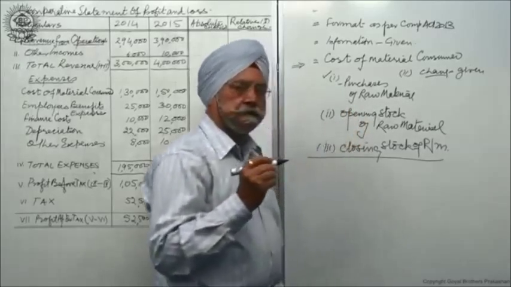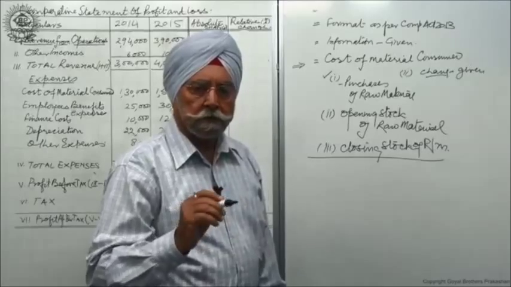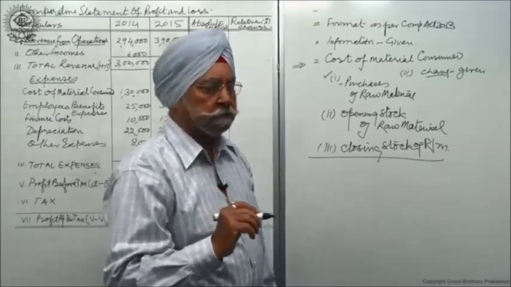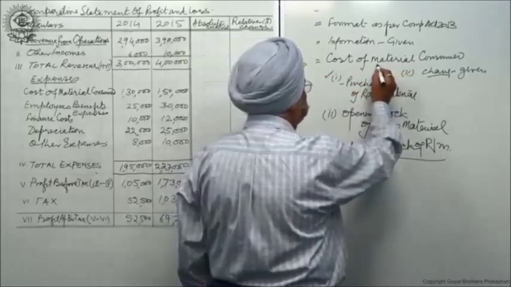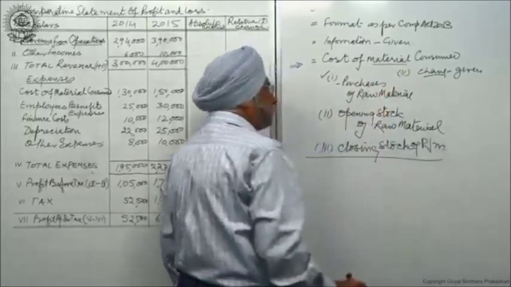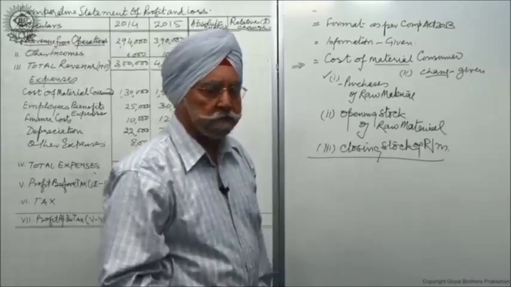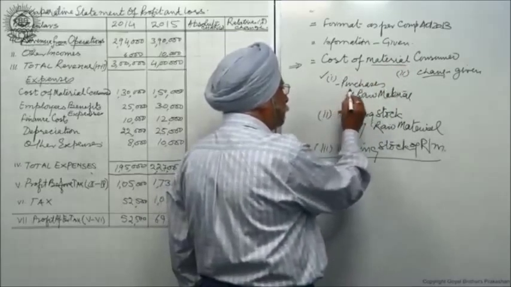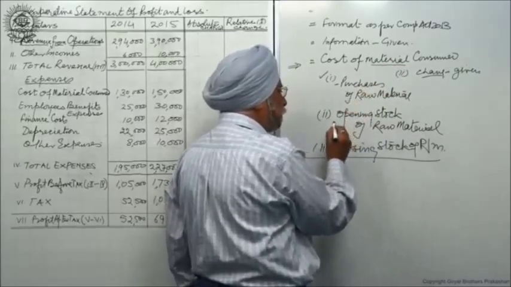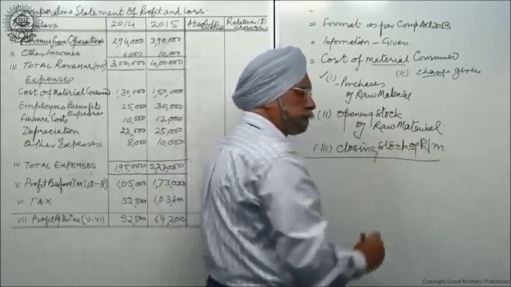If the firm is dealing with ready-made products, it is a trading firm, then instead of cost of material consumed, we call it cost of stock in trade sold. There will be purchases of stock in trade, opening stock of stock in trade, and closing stock of stock in trade.